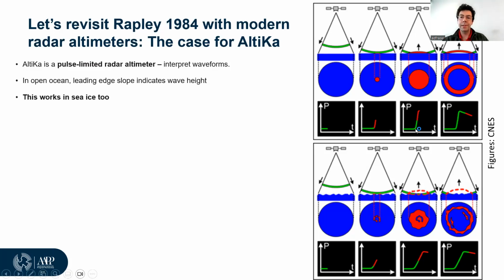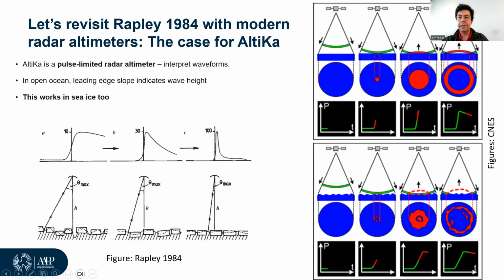And so we get this characteristic sharp edge to our returned radar waveform. Whereas on the other hand, if we have a rough surface, depicted in this bottom panel here, the radar energy intercepts the surface at a variety of different times. In the end, we get a much gentler leading edge.